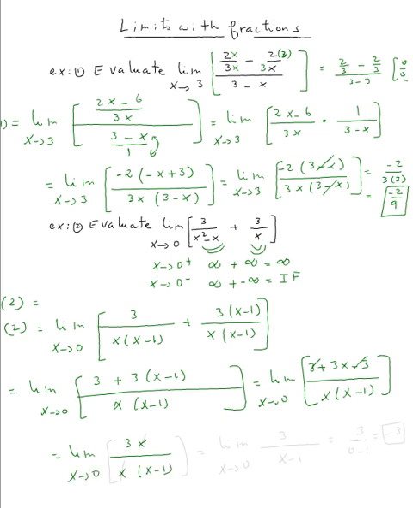If we plug in 0, we still have a problem, 0 over 0. However, now we simplify the x, we're not going to have a problem anymore. So the limit of 3 over x minus 1 as x approaches 0. Now plug in the 0, you get 3 over 0 minus 1, which is negative 3. And that's your limit. And that's it for these examples.